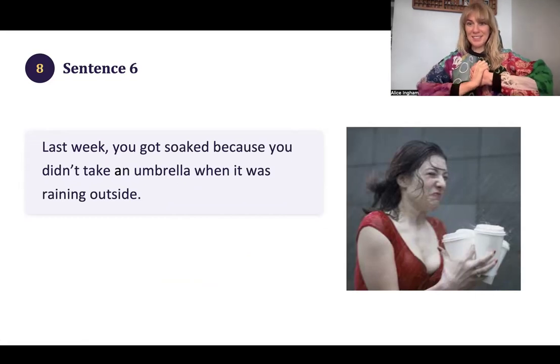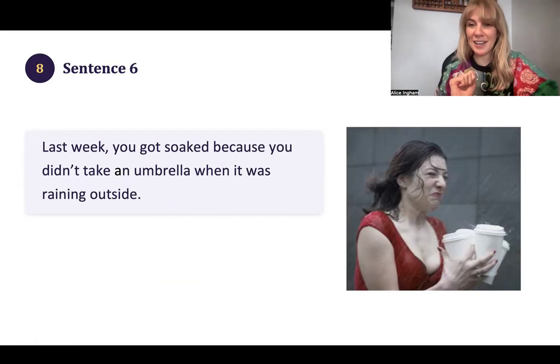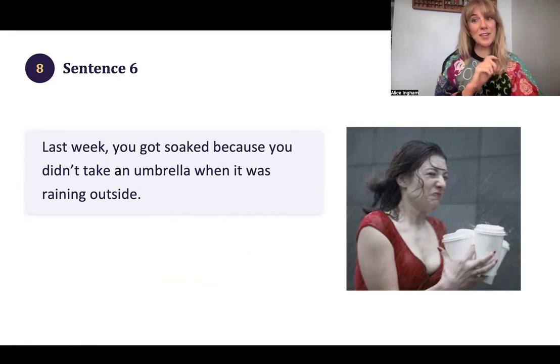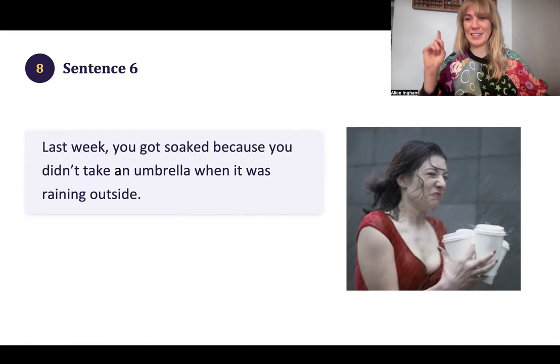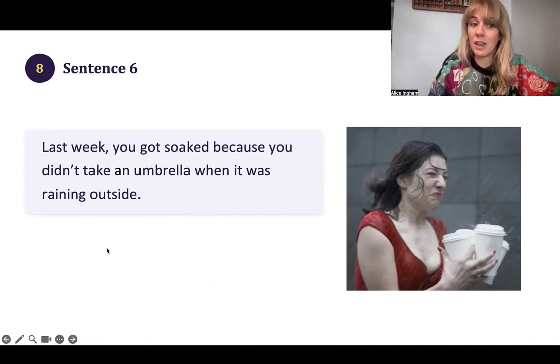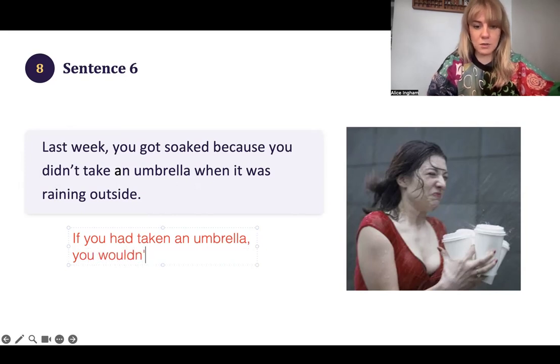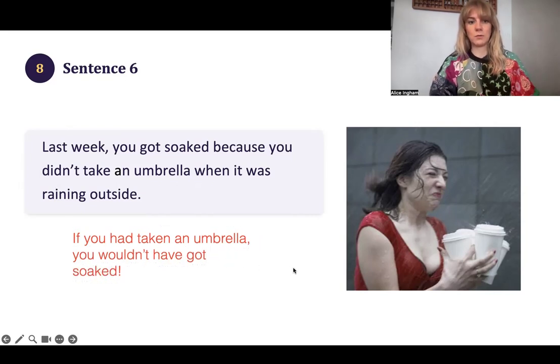Okay. Let's do one more just to consolidate your learning. So let's look at the scenario. Last week, you got soaked because you didn't take an umbrella when it was raining outside. Soaked, completely wet. This is a great word. So, if you had taken an umbrella, you wouldn't have got soaked.